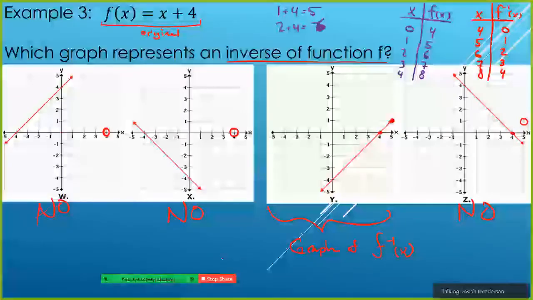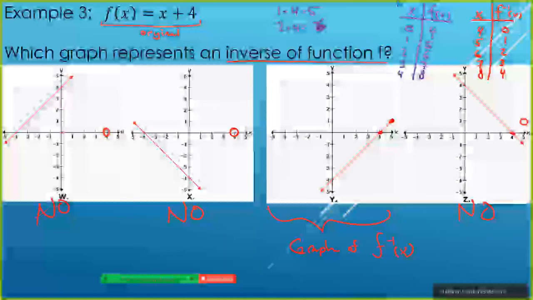Graph of the inverse. How did we find this again? We made a quick table of the original function. We made a flipped table because we know that the inverse is everything from the original flipped, switched around positions backwards. So I just copied that down, but in backwards form.